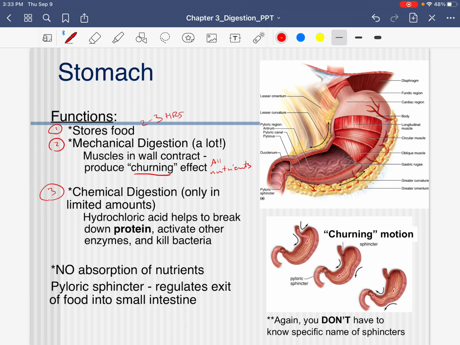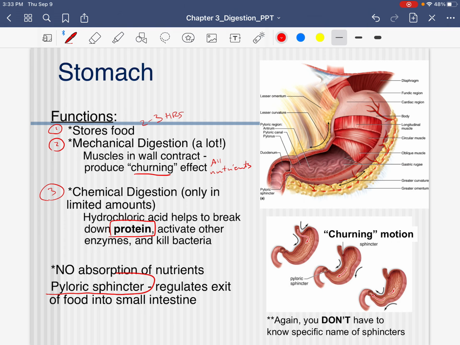And lastly, we can do some chemical digestion. We have some enzymes present. More specifically, we're able to do chemical digestion of protein. It's a similar reason as to why we started with the starch early. Protein is a complex molecule, so we need to get a head start.